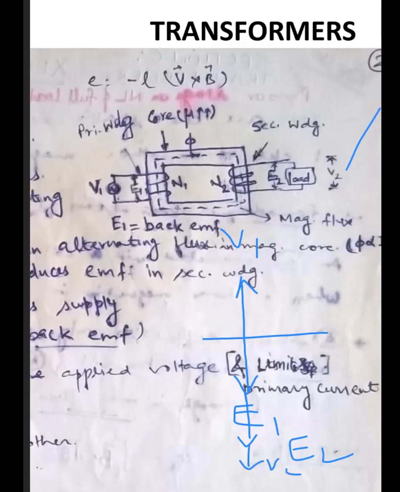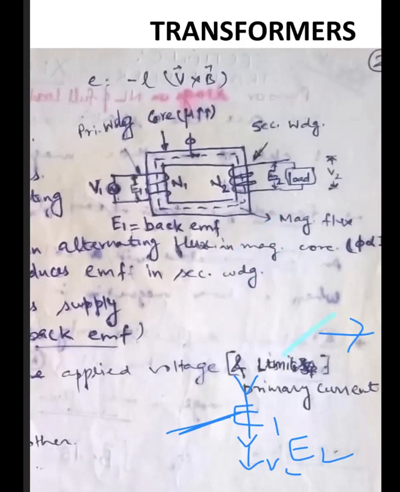Okay, and flux is here. So EMF is lagging the applied flux by 90 degrees. We will derive this equation later.